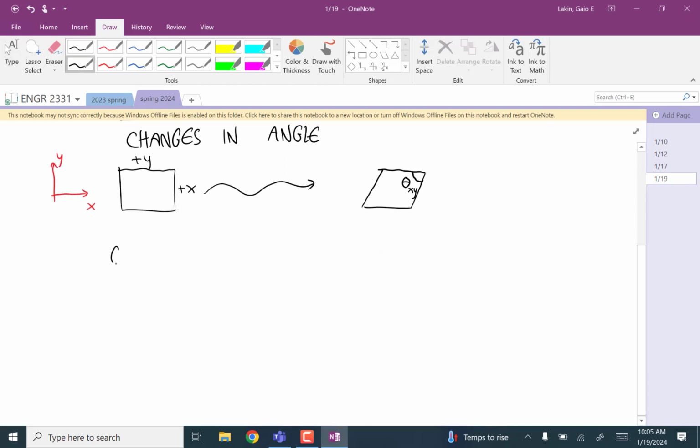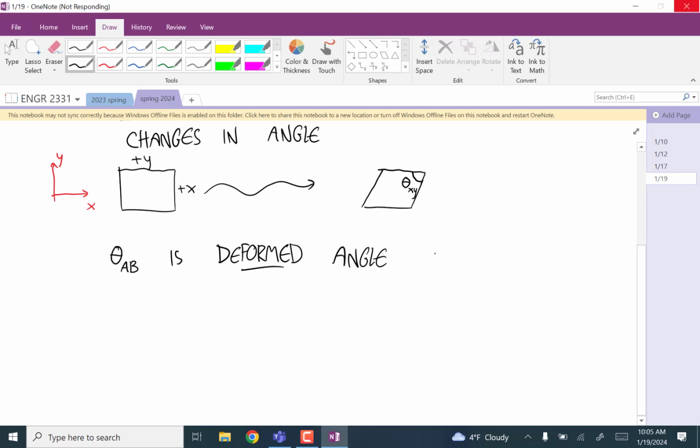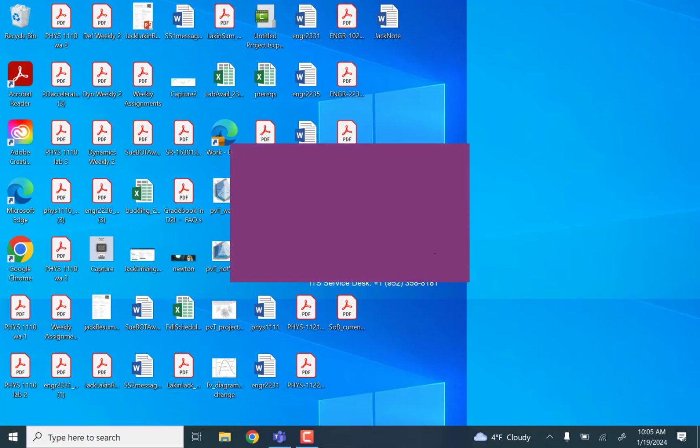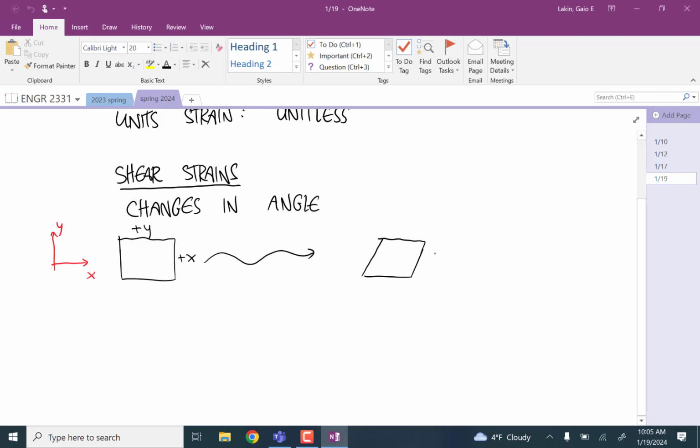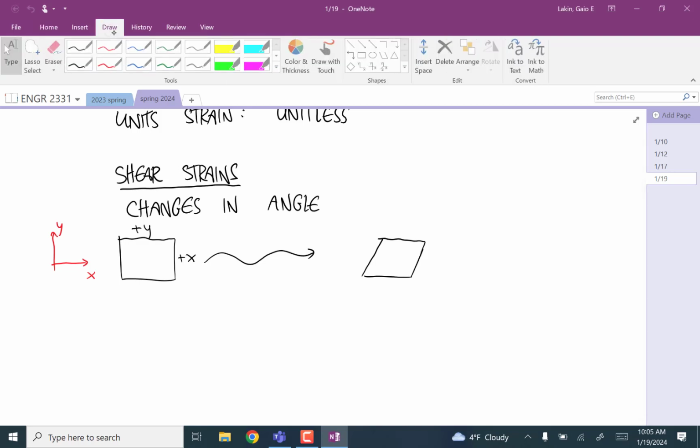So this thing, theta AB, is after deformation, it's the deformed angle. Okay, so this is the theta x, y.